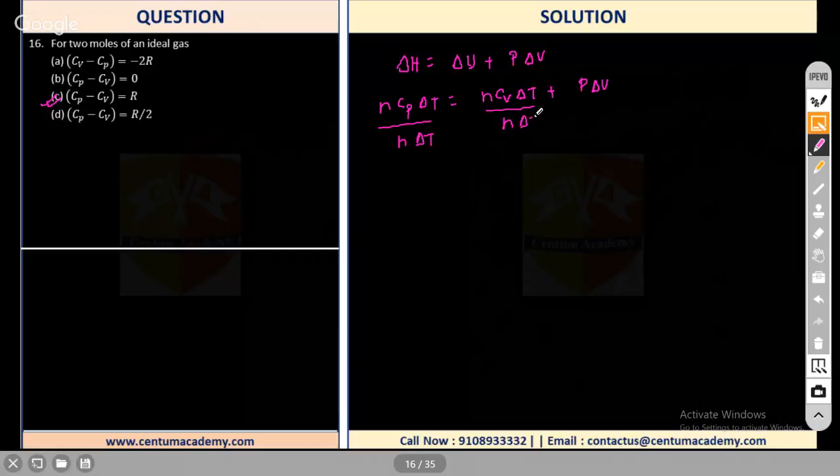So whatever number of moles you take, it will get cancelled. Okay, and we'll get Cp minus Cv is equals to R. This term is nothing but the gas constant. So this relation is true for all the value of N. Whether you take 1 mole, 2 mole, 10 mole, whatever it is, Cp minus Cv is equals to R is always correct, and hence option C is correct.